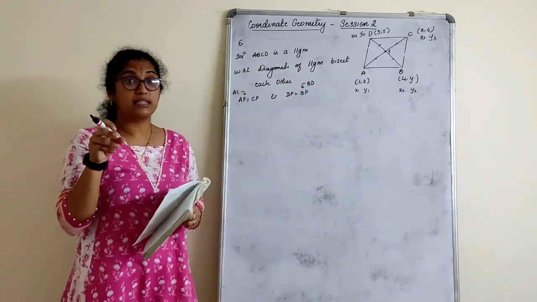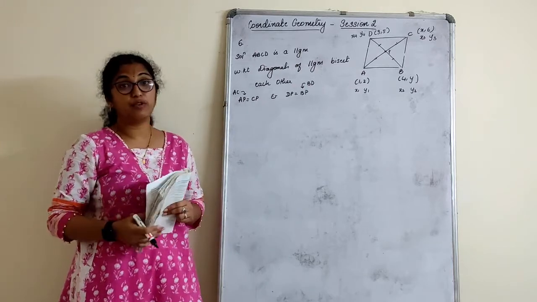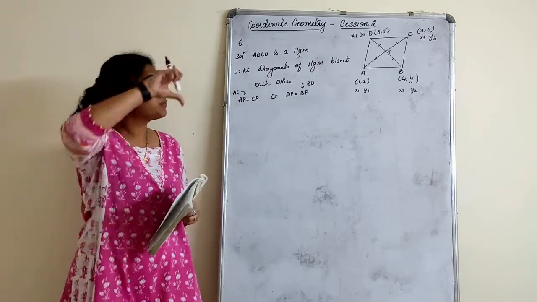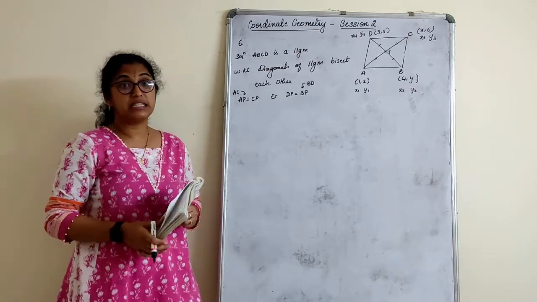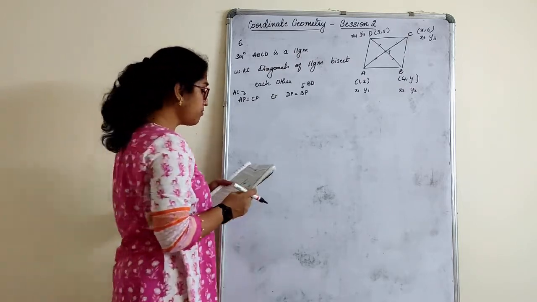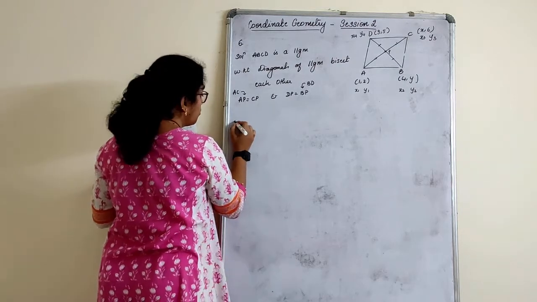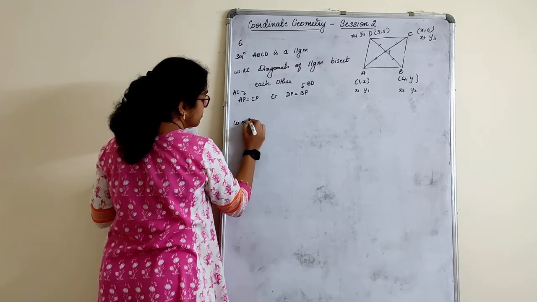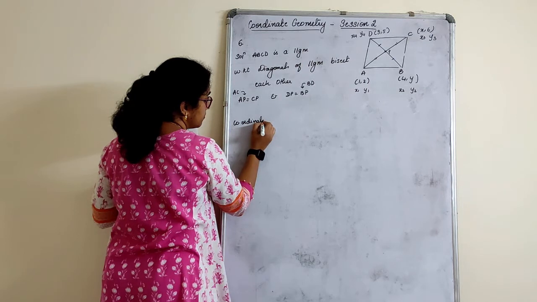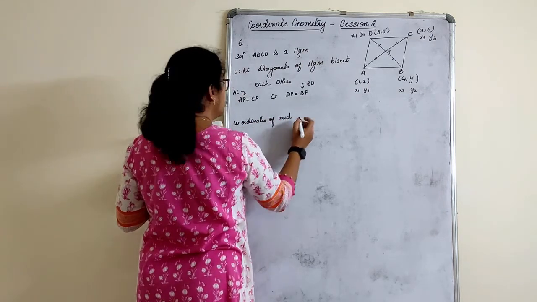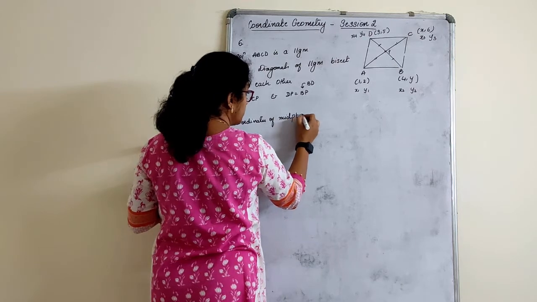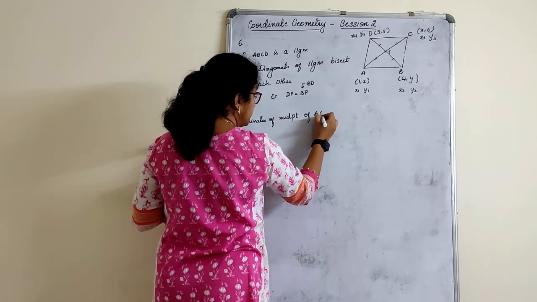Coordinate P is the same. That means which formula I have to apply to find the coordinate P? If I consider BD, it's a midpoint formula. If I consider AC, it's a midpoint formula. So what we can write here is coordinates of midpoint of AC.